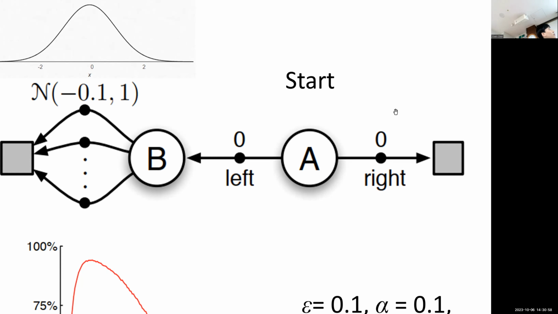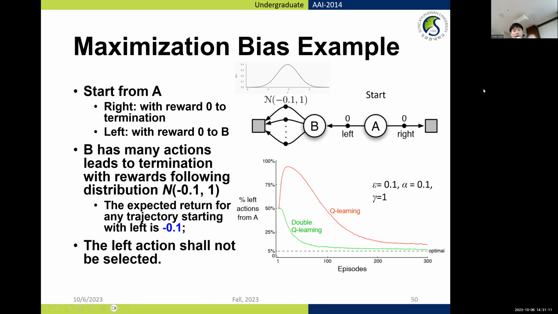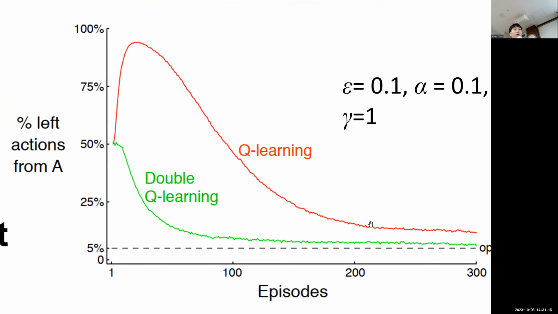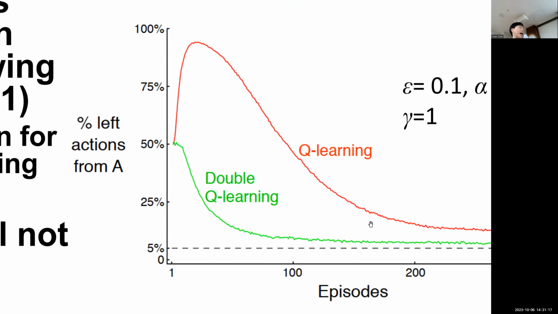Then compared to the right-hand side, B becomes positive, so obviously A will choose the left direction, right? That is the bias we are talking about here. It's also verified by this Q-learning. Sometimes it happens.